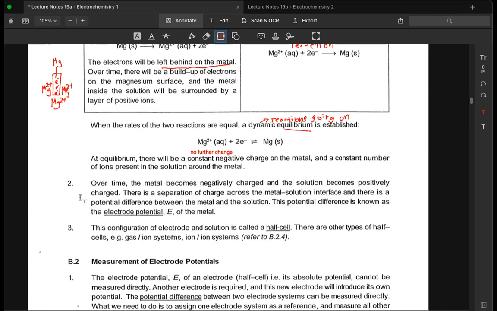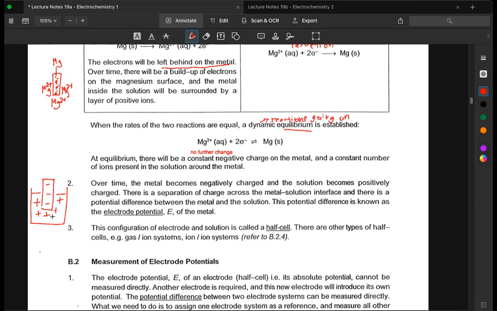So you will see that this metal rod will be somehow negative, and the solution surrounding the rod will be positive. So there will be a separation of charge across the metal solution interface.